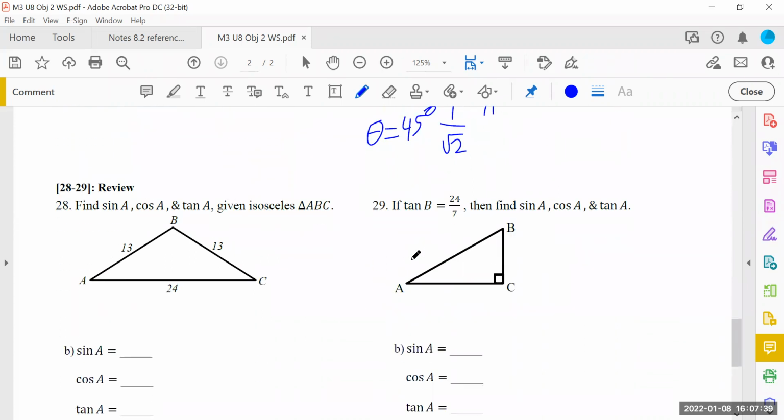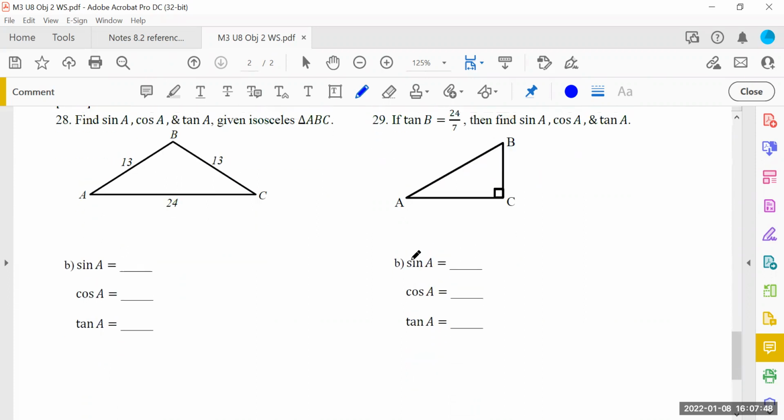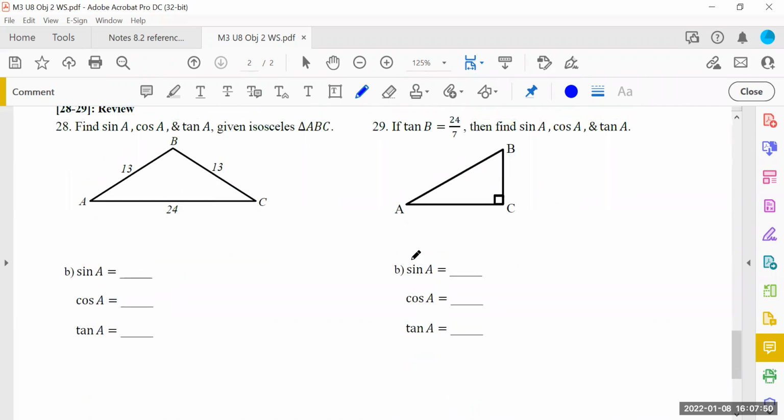Now, 28 and 29 are supposed to be review, but I find that oftentimes, especially in the last couple of years, if something got tossed out, it was probably this from Math 2. So here's my little suggestion. If this jogs your memory, great. We'll come back to it if not. This one has a 13 and 13.